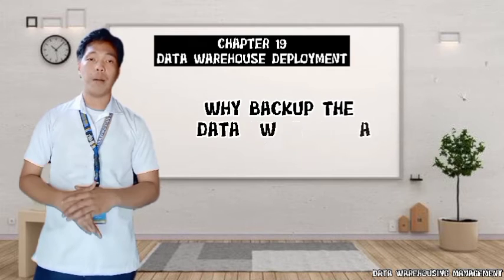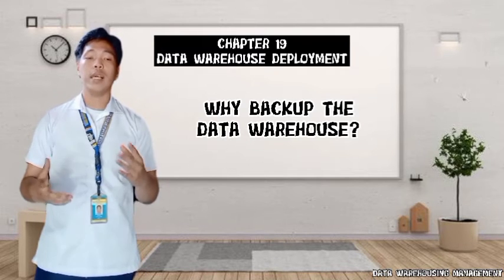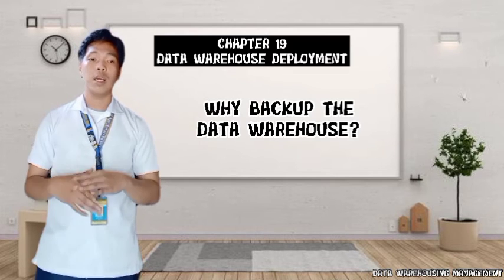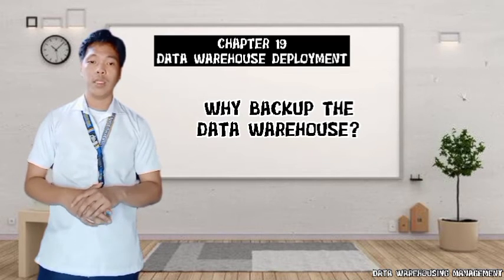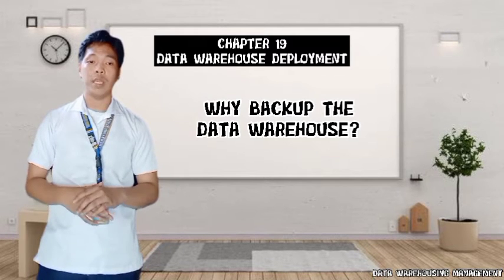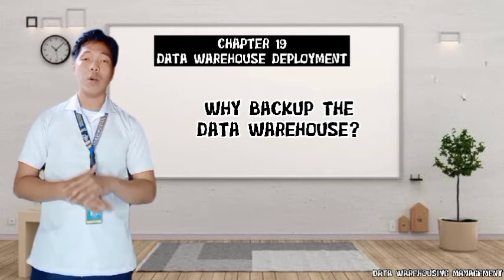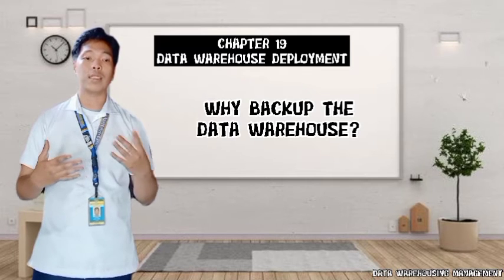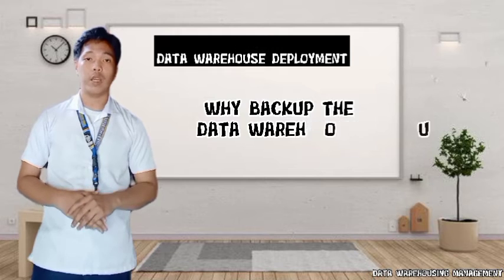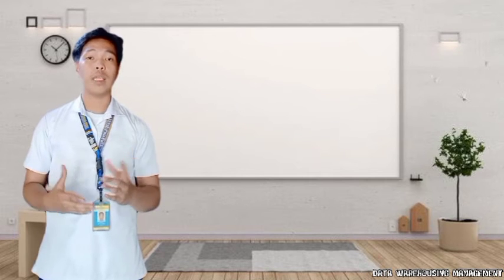So why back up the data warehouse? A data warehouse houses huge amounts of data that has taken years to gather and accumulate. The historical data may go back 10 or even up to 20 years. Before the data arrives at the data warehouse, you know that it has gone through an elaborate process of cleansing and transformation.